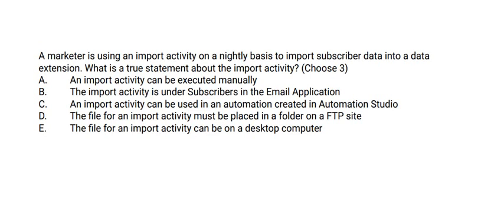Option C, an import activity can be used in an automation created in Automation Studio. Option D, the file for an import activity must be placed in a folder on an FTP site. And option E, the file for an import activity can be on a desktop computer.